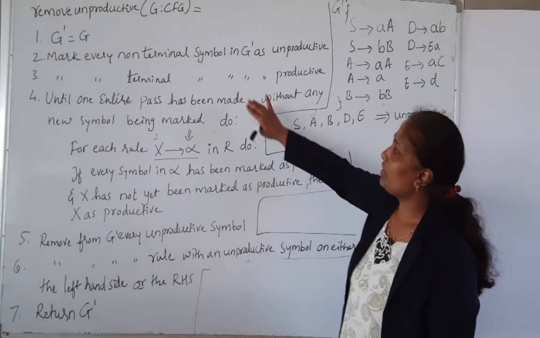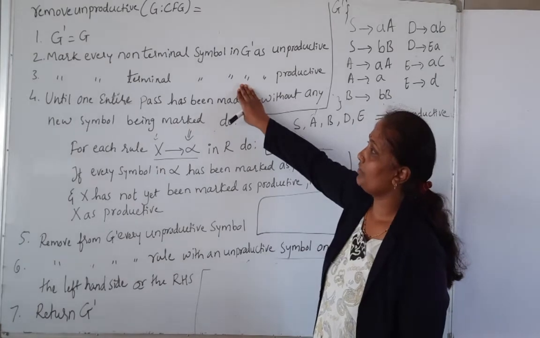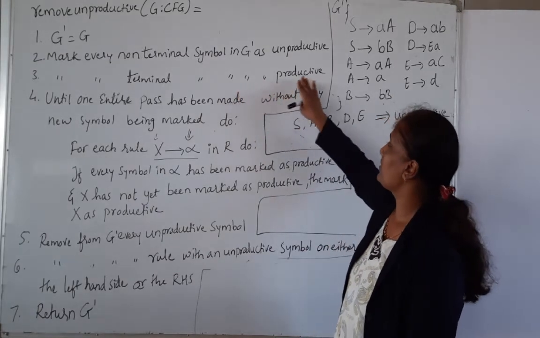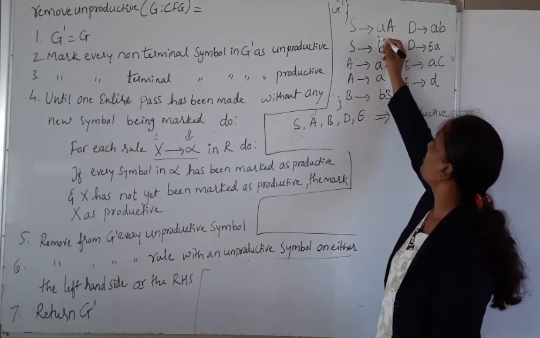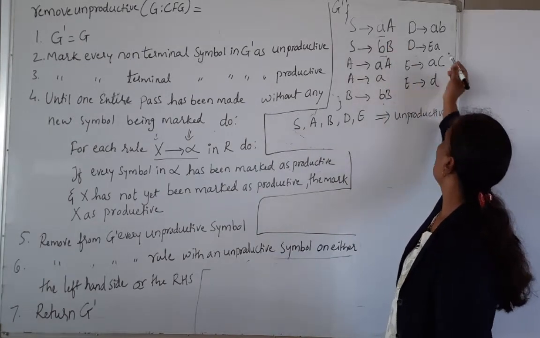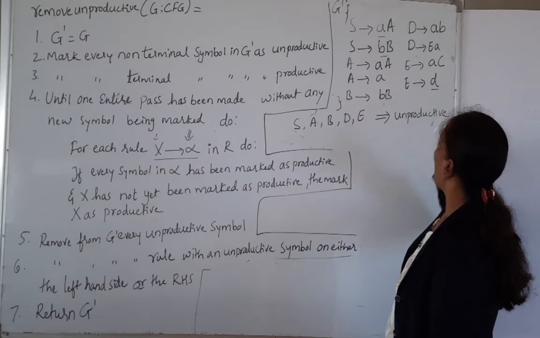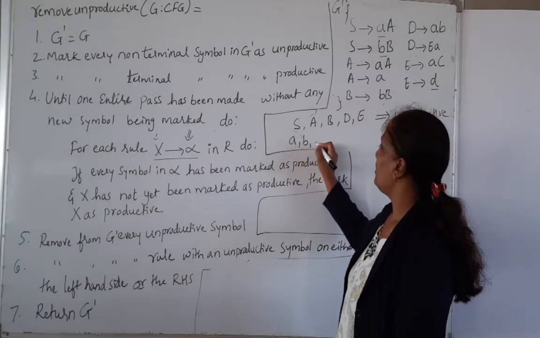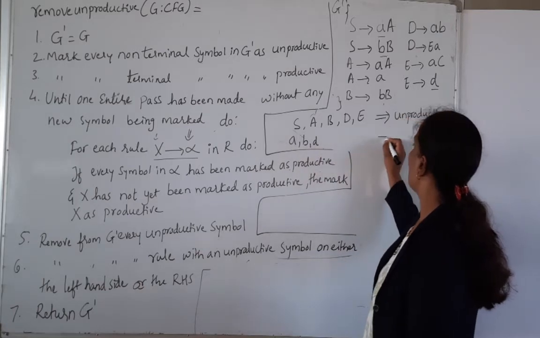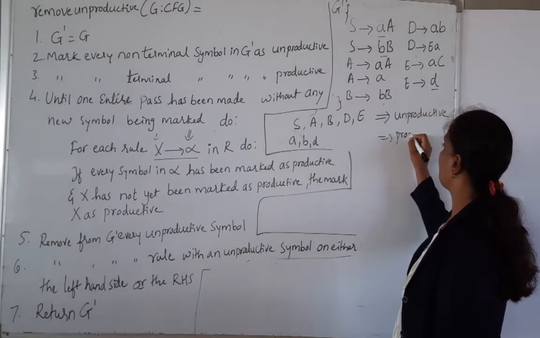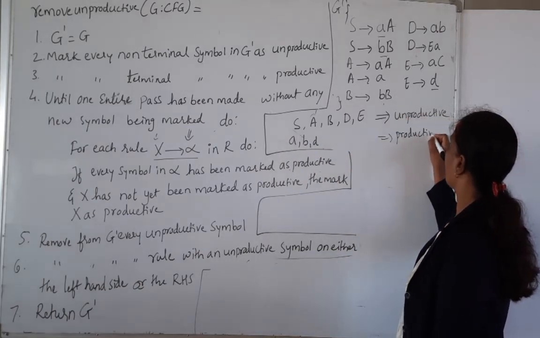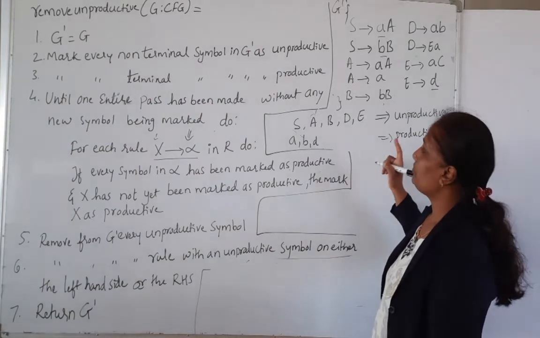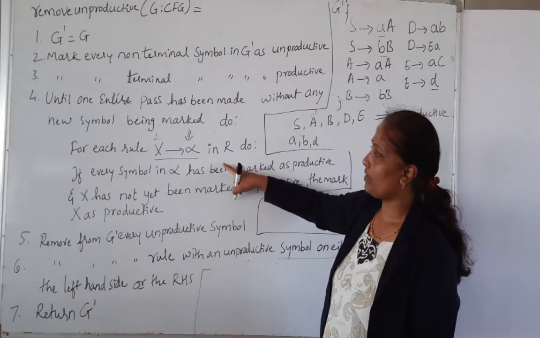Next, according to the third step of the algorithm, I should mark every terminal symbol in G dash as productive. So what are the terminal symbols here? a, b, d are the terminal symbols. So I will mark these a, b, d as productive symbols.